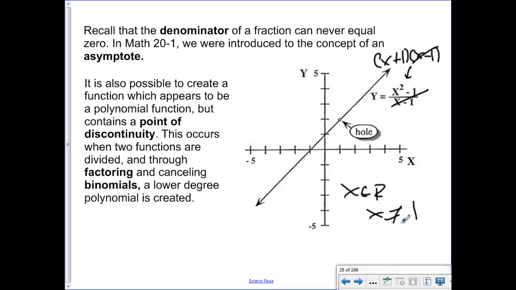There's literally one number that it can't be. Does that make sense? And so far, the only reason that would happen is because you're dividing two functions. This is only when you're dividing functions. We're going to pick up new reasons later, but for what we're starting with, if you divide functions, your domain is no longer everything.